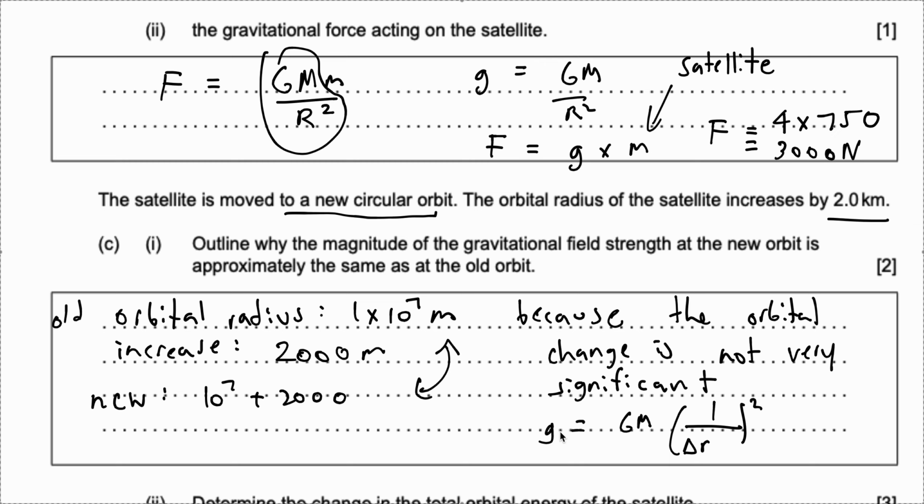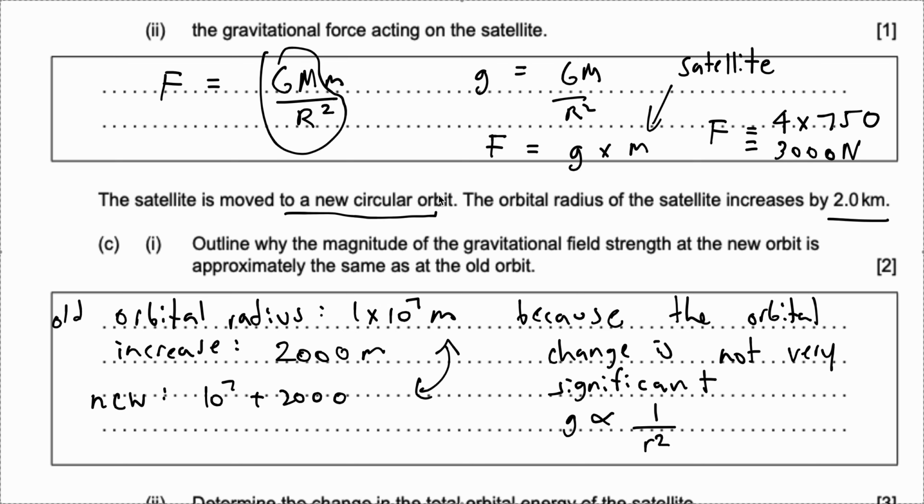G is inversely proportional to the square of the radius. And so because the radius hardly changes, g will hardly change. And so that's why it stays the same.